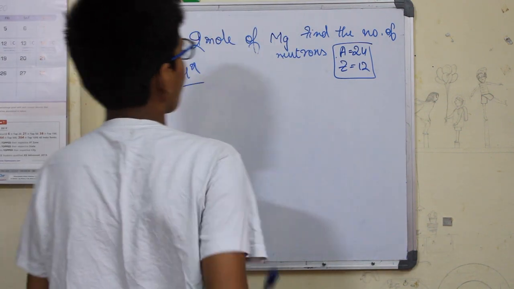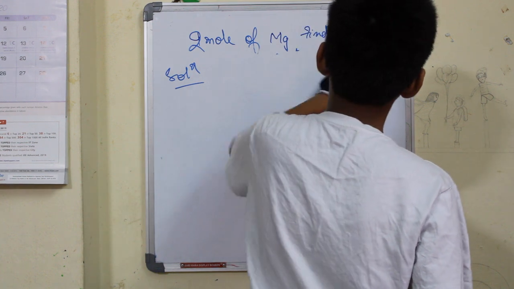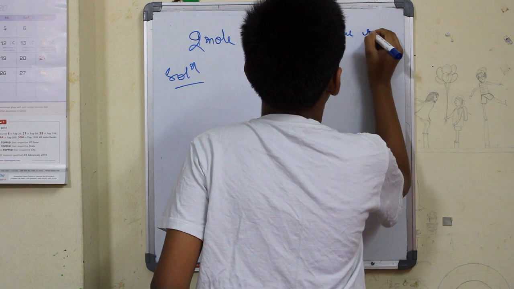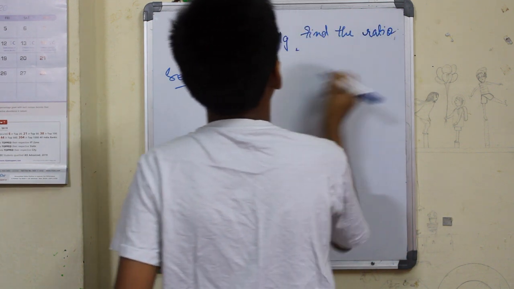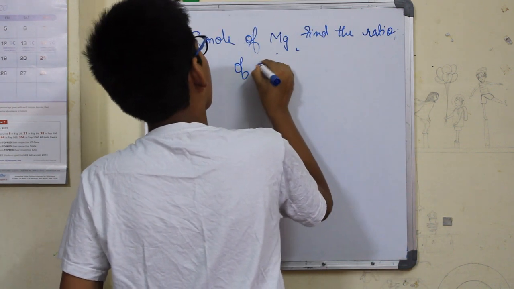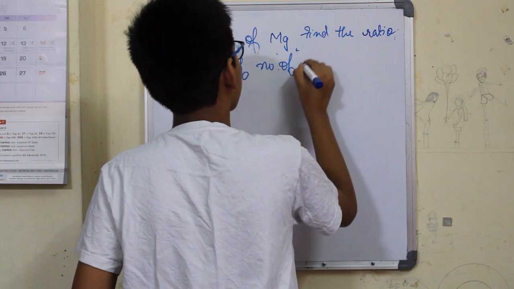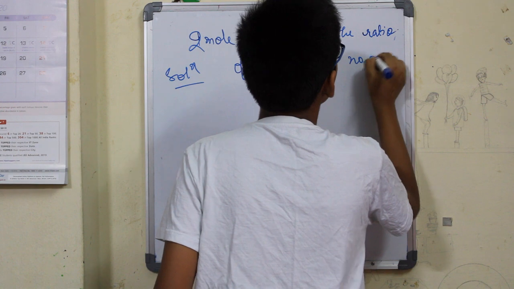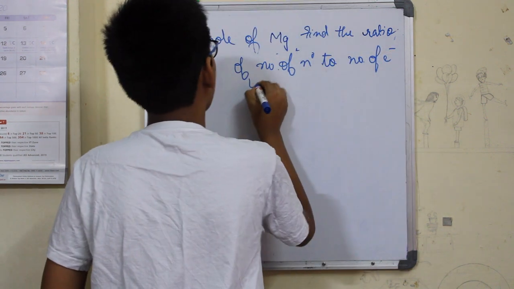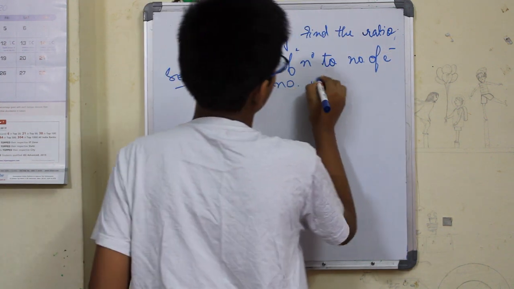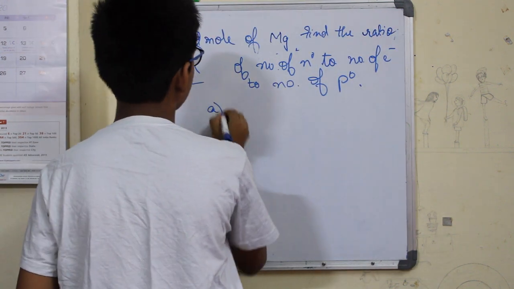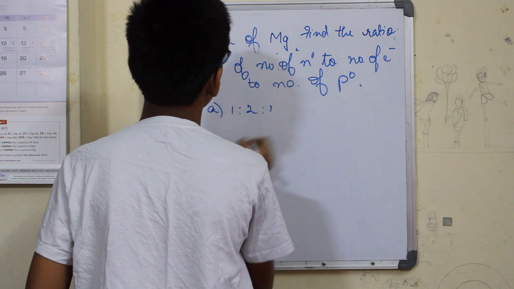For 2 moles of magnesium, find the ratio of number of neutrons to number of electrons to number of protons. Just do that. I will give you the options. Option A, 1:2:1.